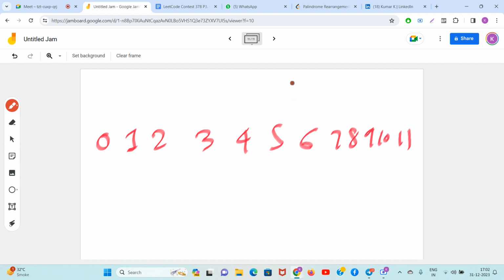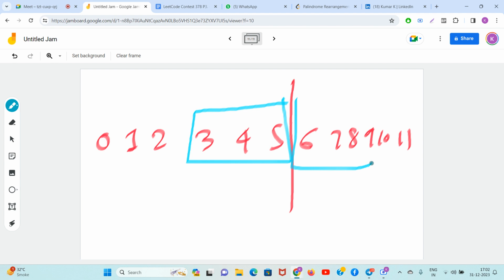Guys, this is the middle here. Okay, let's say the left range is like this, and the right range is like this.